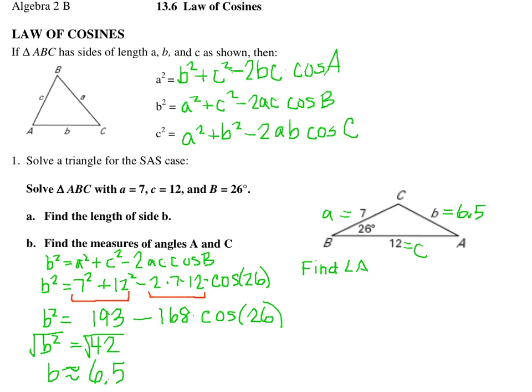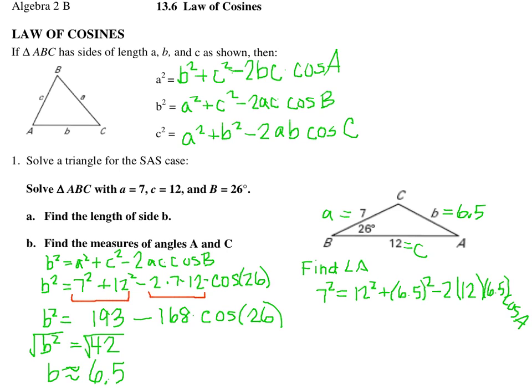If we want to find angle A, then we're going to start with side A. So 7 squared equals, now we do our other two sides squared, 12 squared plus 6.5 squared, minus 2 times 12 times 6.5, I'm running out of space here, times the cosine of A, because angle A is what we're looking for here.